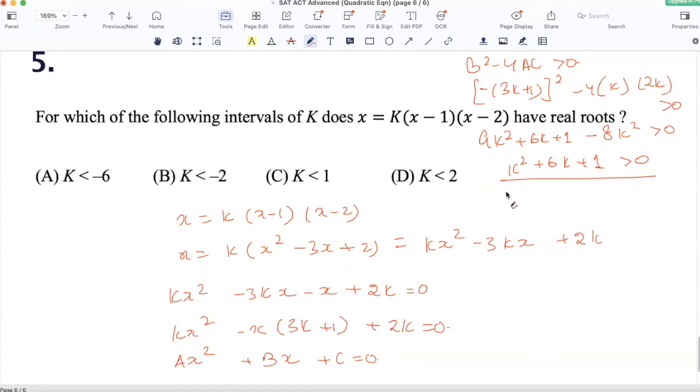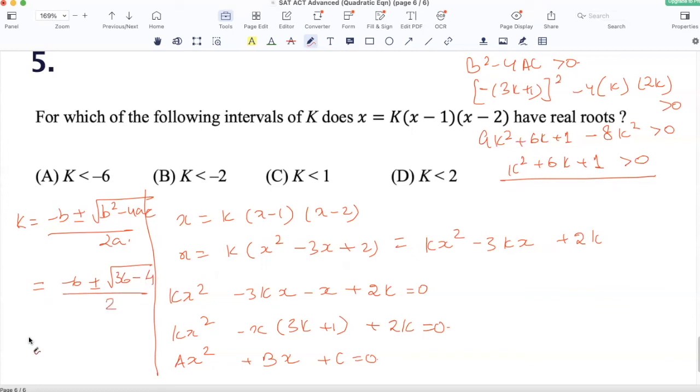So again, we'll have to find the possible roots of this quadratic. So let me solve here. I'll use the discriminant formula. So k will be minus b plus minus under root of b squared minus 4ac, by 2a. So that will be minus 6 plus minus root of 36 minus 4, divided by 2.